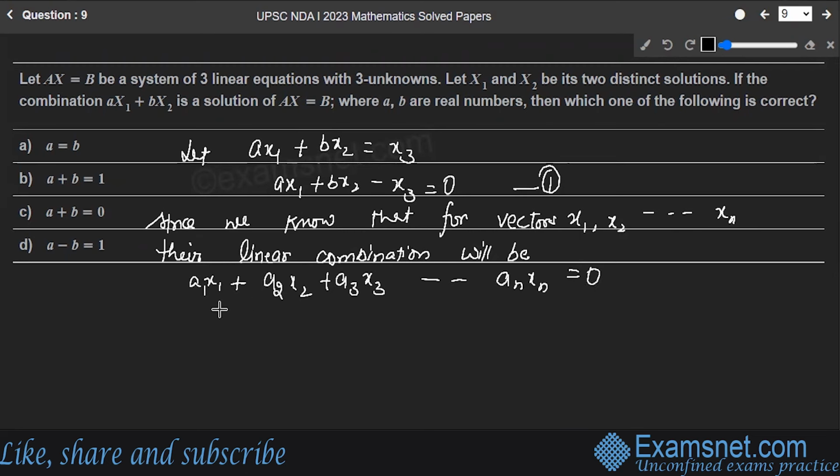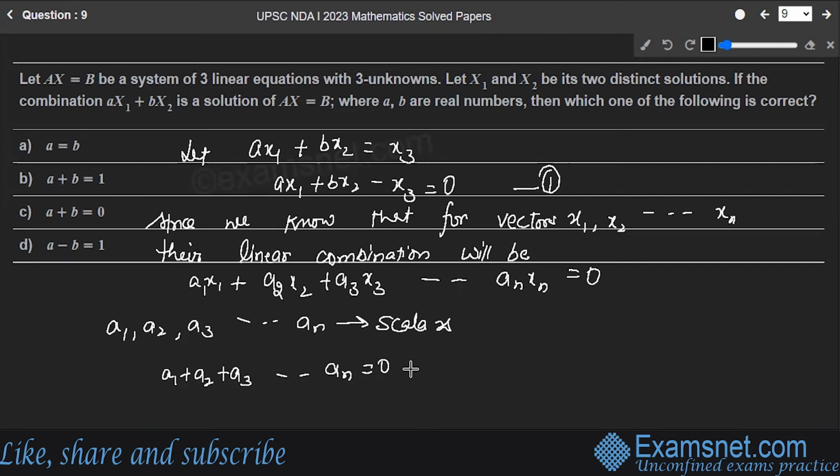This is equal to 0, where a1, a2, a3 till an are all scalars. If that is true, then that means a1 plus a2 plus a3 till an is equal to 0.